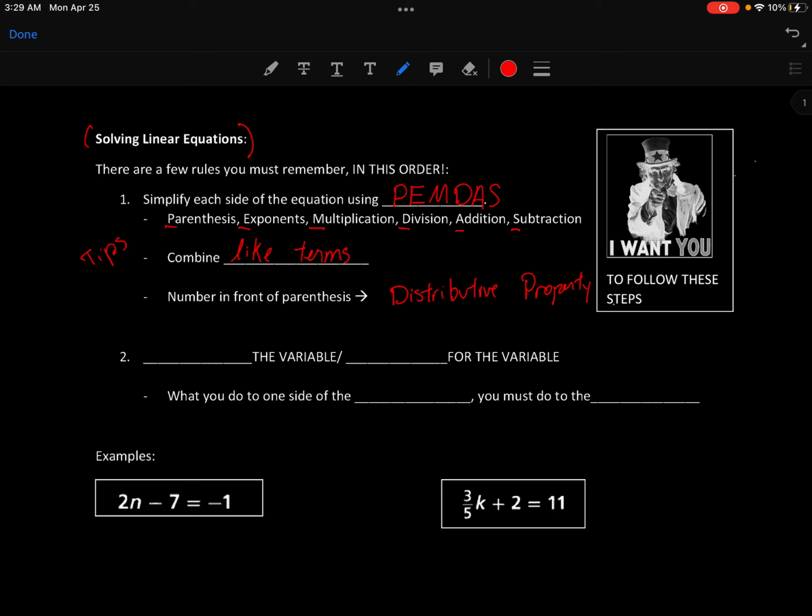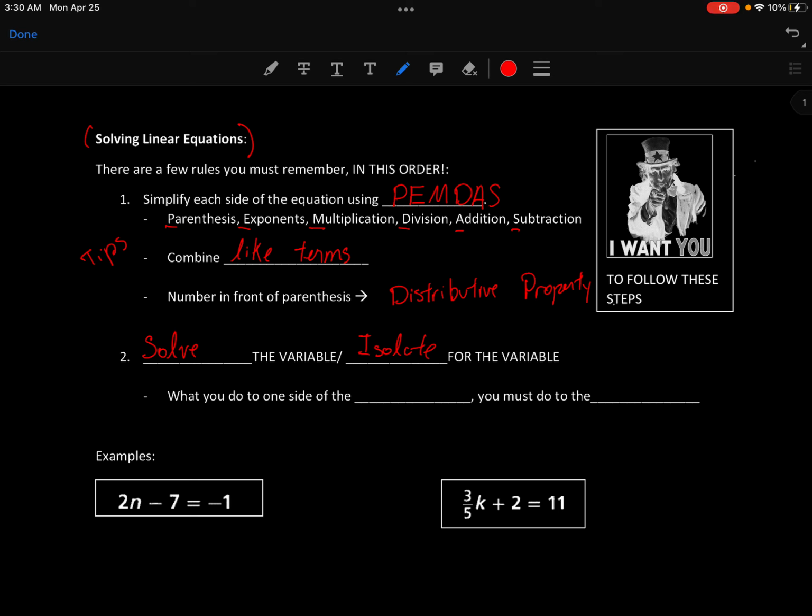All right. So step number 1, after you simplify each side of the equation using PEMDAS, we go to step number 2. Solve for the variable means isolate the variable. Once you have simplified each side of the equation using PEMDAS, then what do I mean by solve?